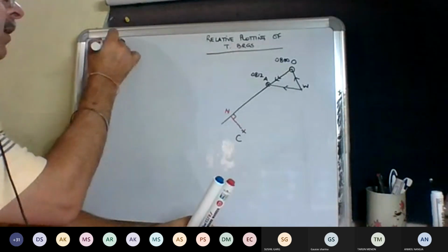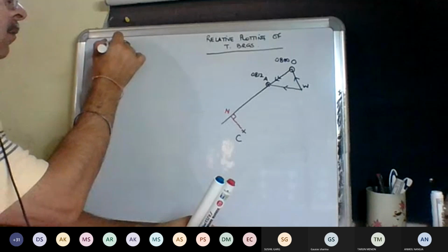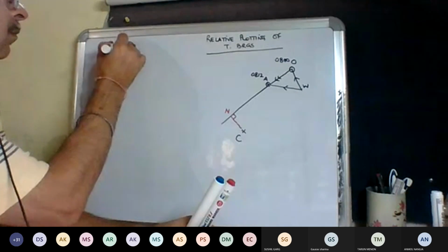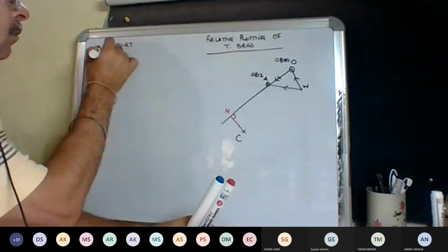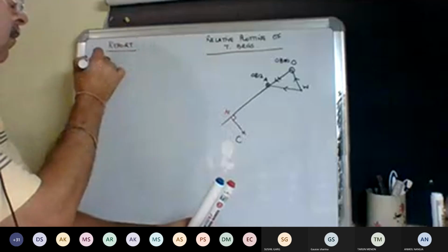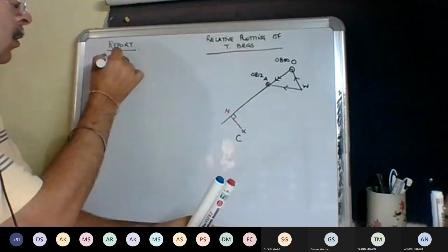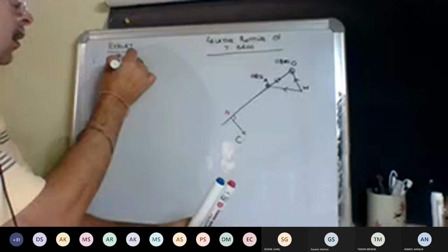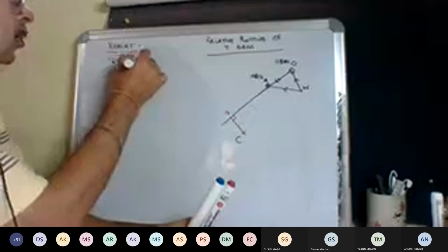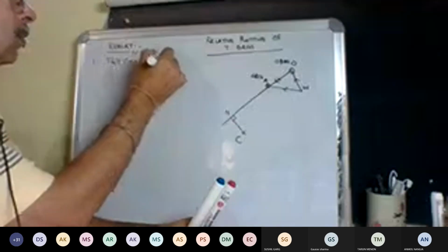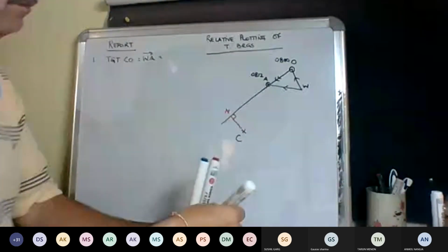So reporting the target. First one, target course is equal to WA.